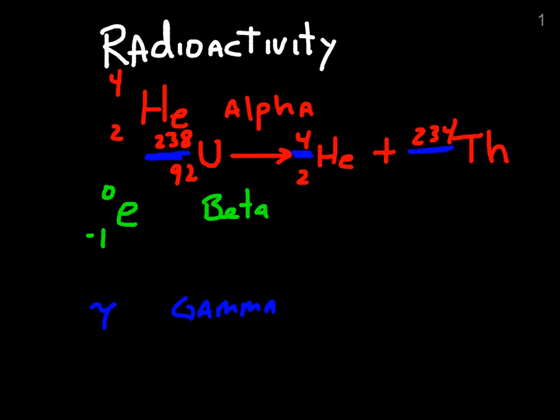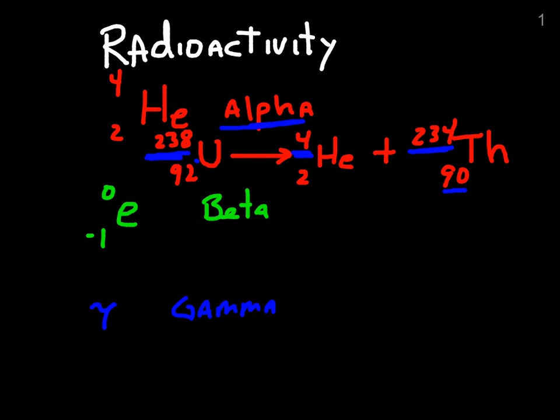And you do the same thing with the atomic number, which is the number of protons. So you look at this, well, 92 is going to equal 2 plus 90, and that indeed is the atomic number, the number of protons, of thorium. So during an alpha particle decay, what you find is the atomic number decreases by 2.